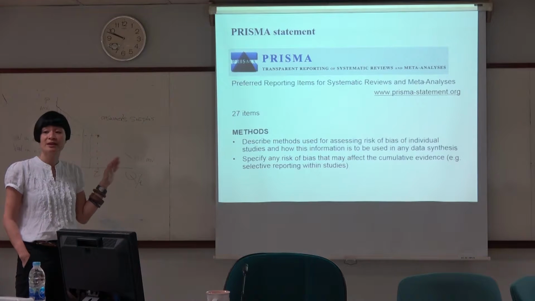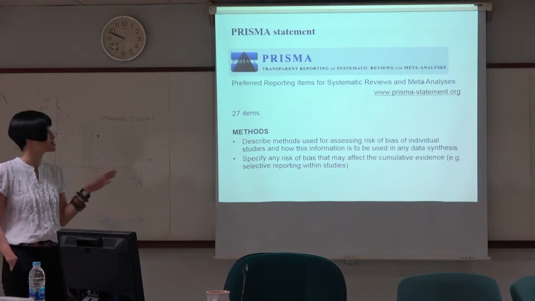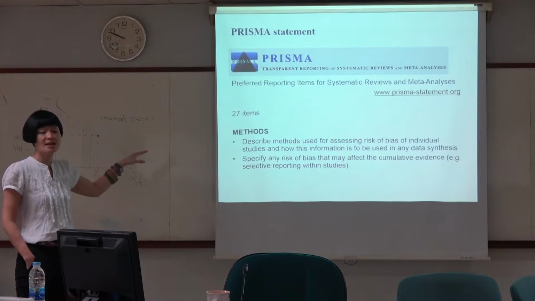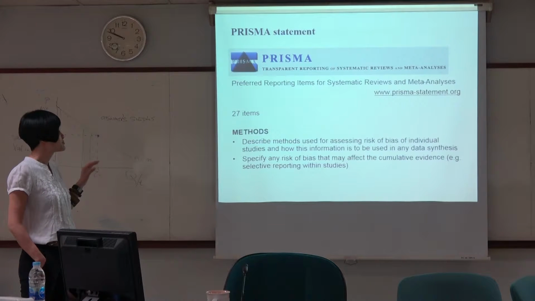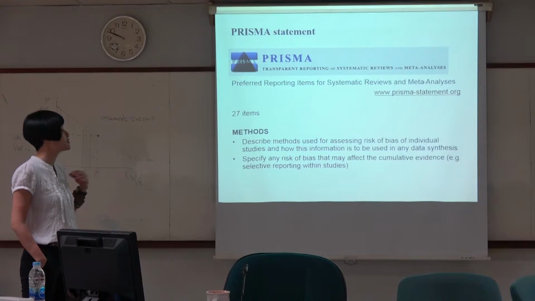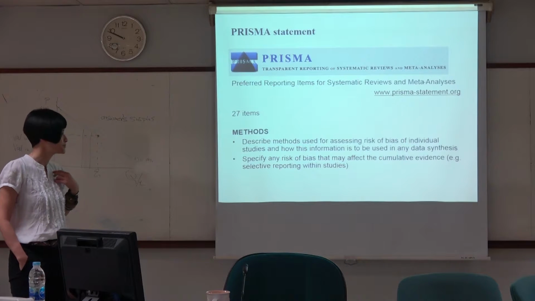So it's very clear that for a systematic review to be considered good quality, you need to assess risk of bias, but you need to be clear about how you assess this risk of bias. Specify any risk of bias that may affect the cumulative evidence. So under the methods section, we expect to see something about how you're going to approach this.